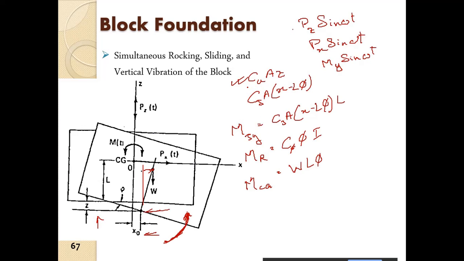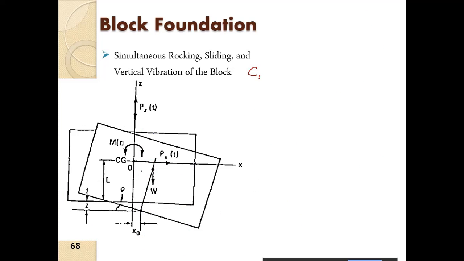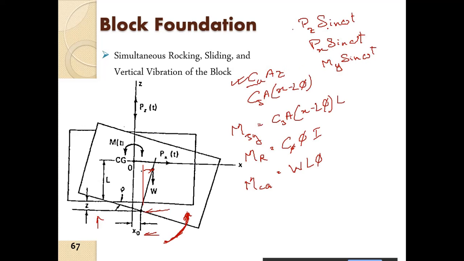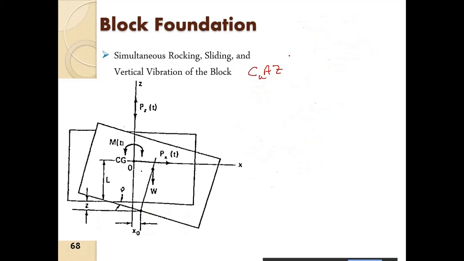So in the z direction we have Cu Az minus Pz sine omega t, is equal to mass into acceleration in the z direction.